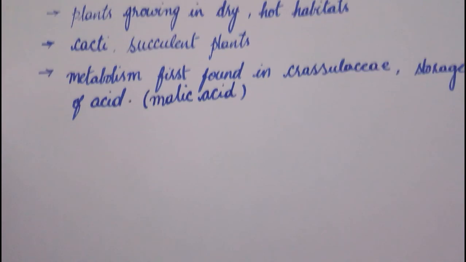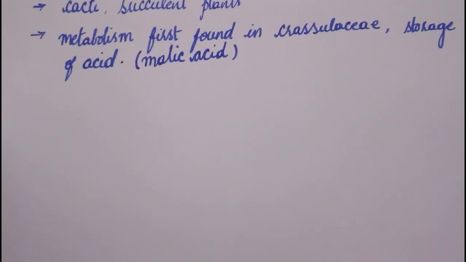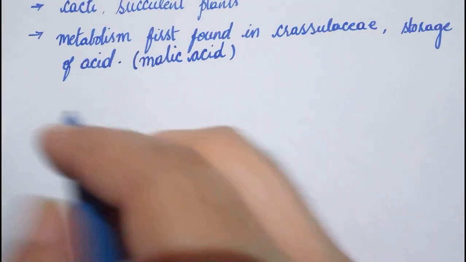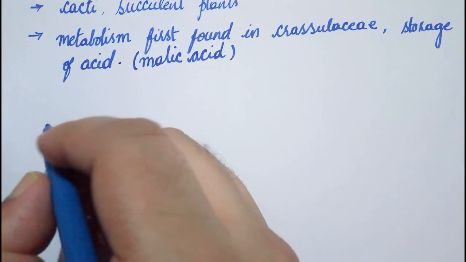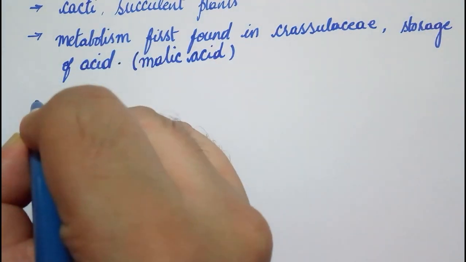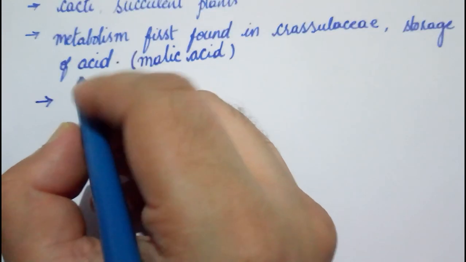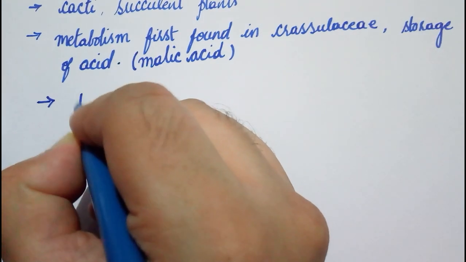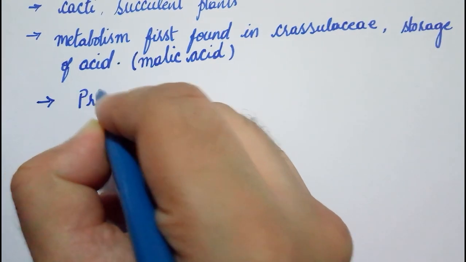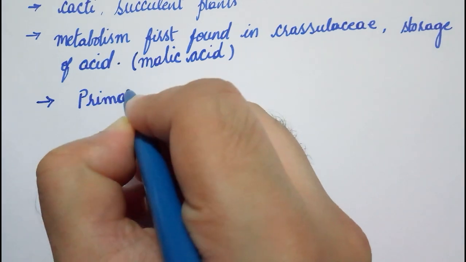Now let us proceed further. As I've already told you, it is found in the succulent xerophytes. The primary acceptor of carbon here is the same as in our C4 pathway.